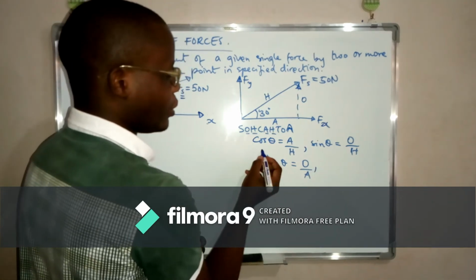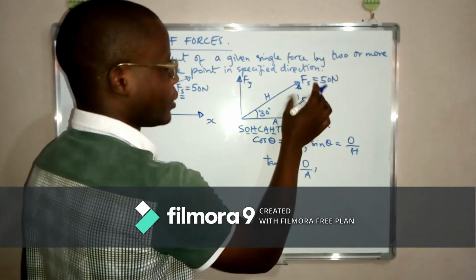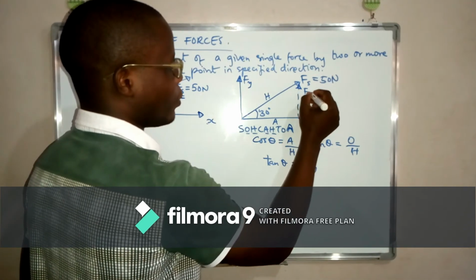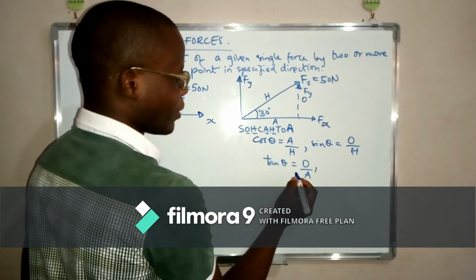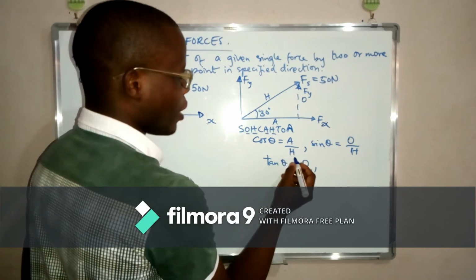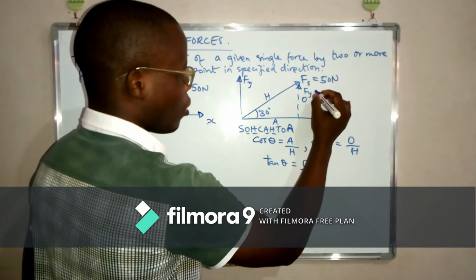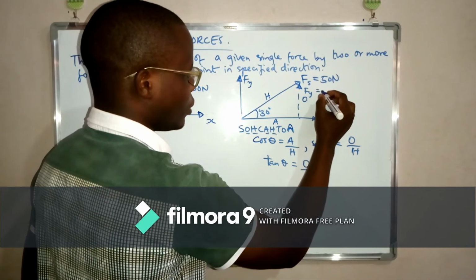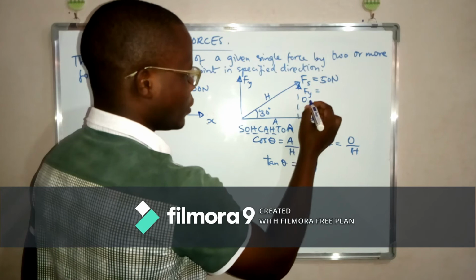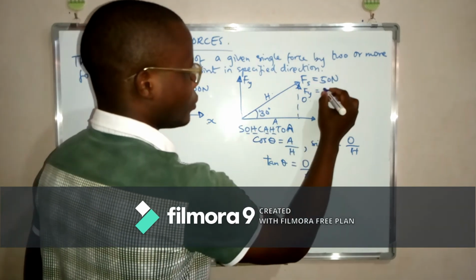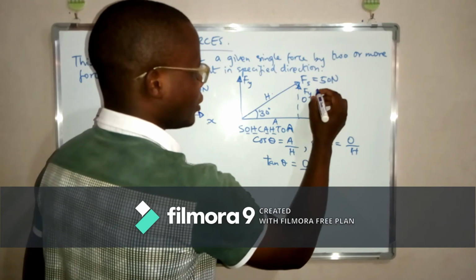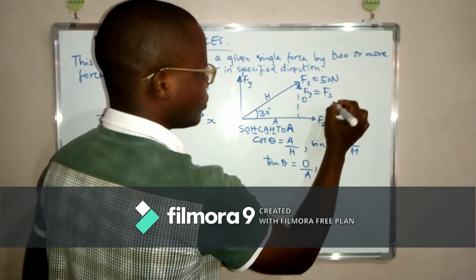So when you look at this part, we want to get Fy. Getting Fy is the same as getting opposite and hypotenuse. So Fy is equal to Fs.